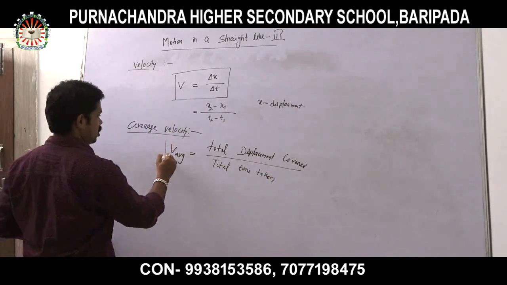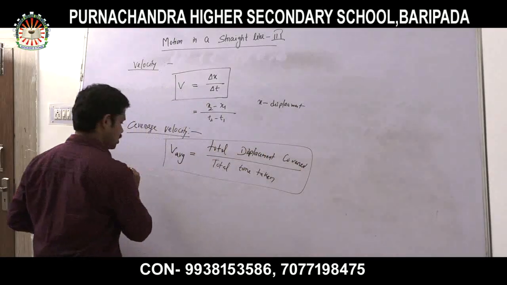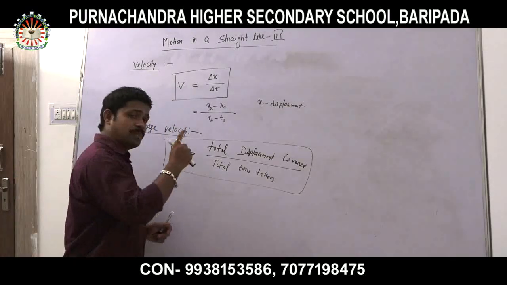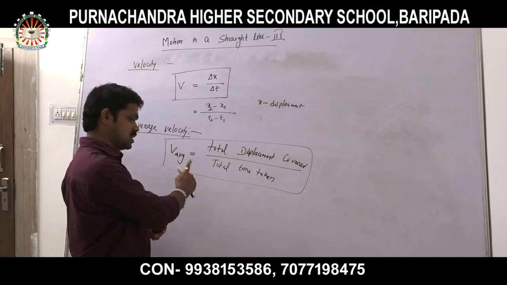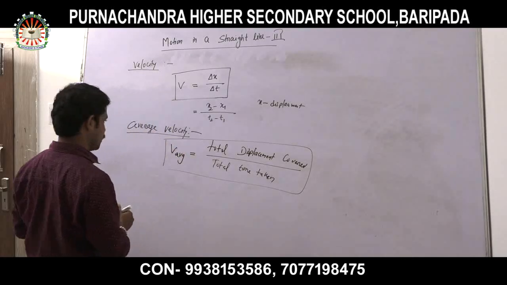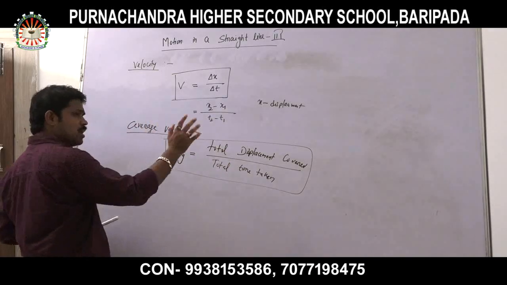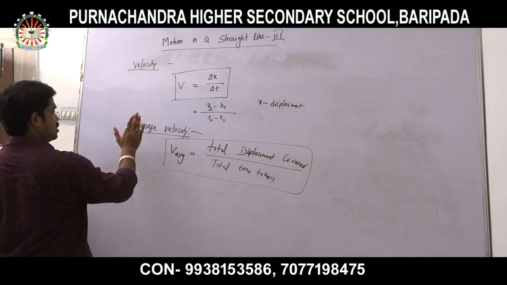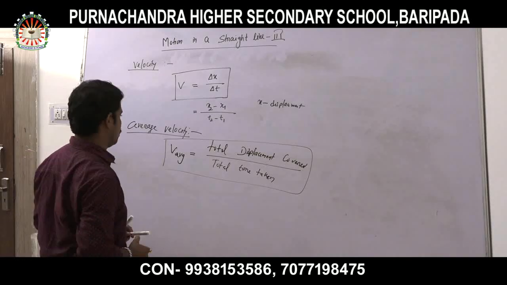Clear? So this is your average velocity. And again it is in a particular direction because velocity is a vector quantity. Clear, all of you? In the next part I have to solve a problem, so don't worry about that one. So this is now the average velocity.